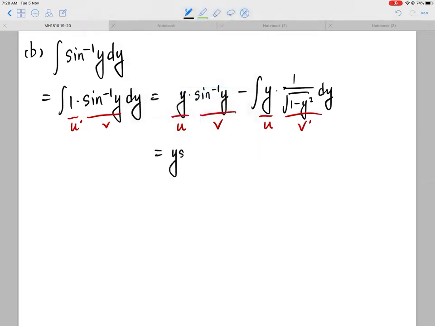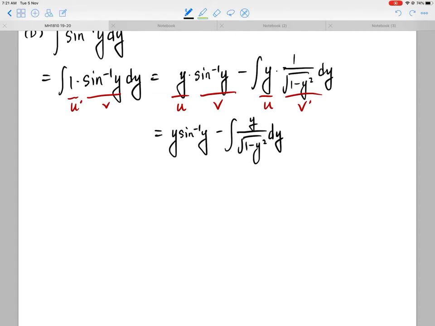So it's this minus this. What should you do to this part? You can use the substitution method, because notice this part is a derivative of this part.